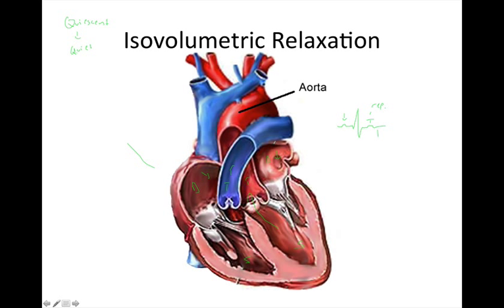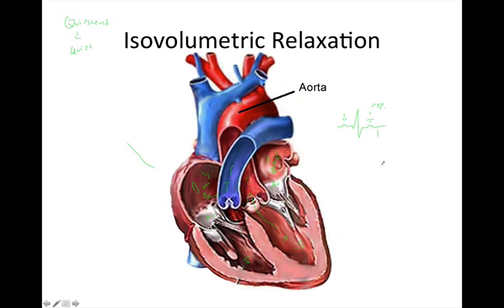One is pumping blood, one set is filling with blood. Eventually they're going to refill with enough blood during this quiet period, and once they get full, guess what's going to happen? The weight of that blood is going to force the AV valves open, and then we start over again with our passive filling, and then you just do this all over again.